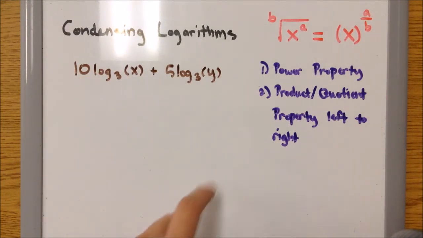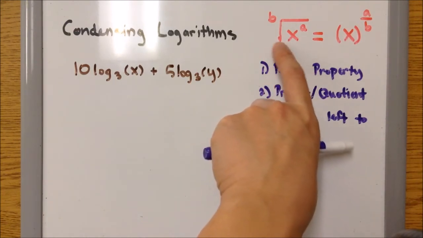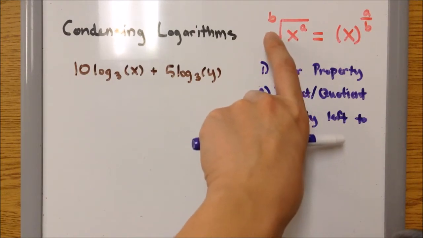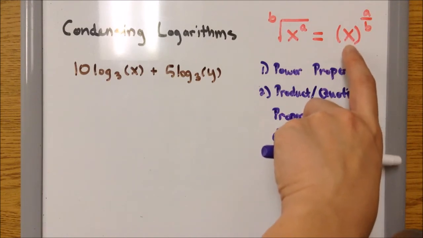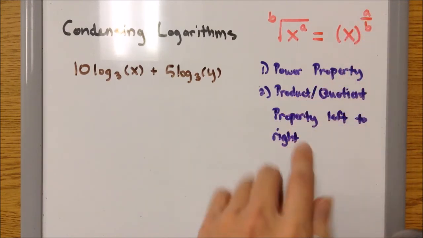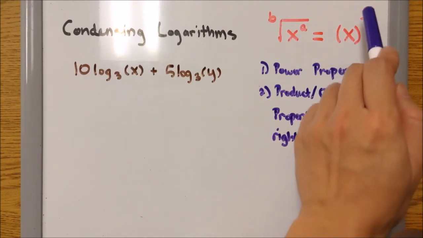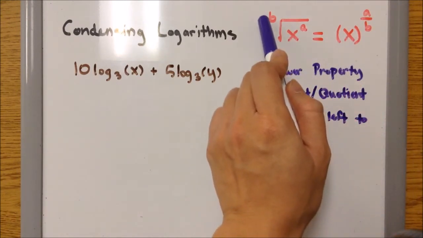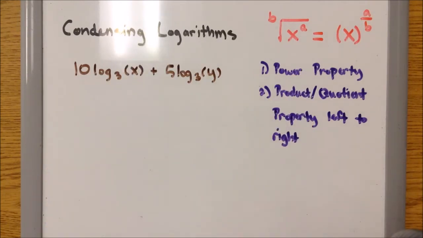Now, there's another thing I want to mention. When you have a radical, and this is when you're doing expanding, if it's the b root of x to the a power, you can rewrite it as x to the power of a over b, the rational exponent. So, if you have something like this in the beginning, x to the a over b power, you can rewrite it as the b root of x to the a power when it comes to condensing.